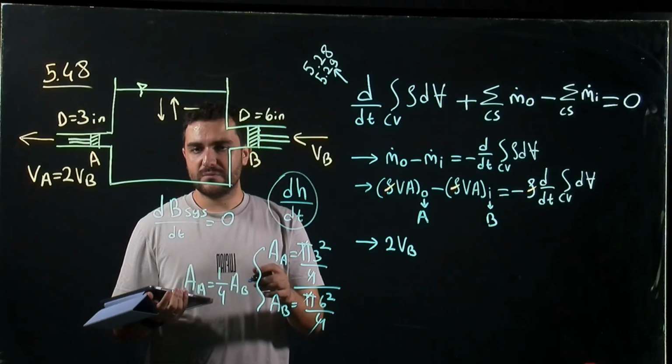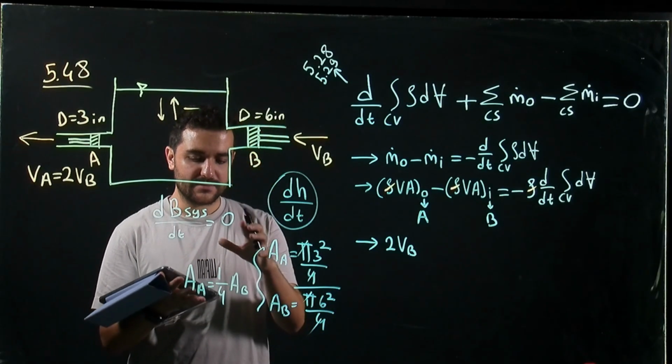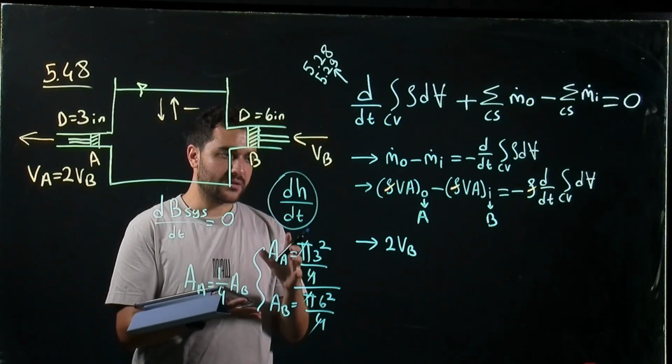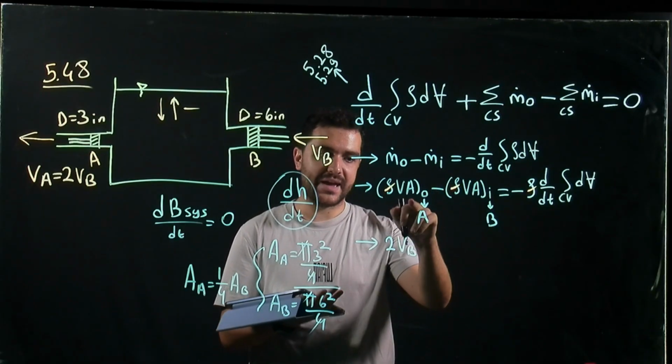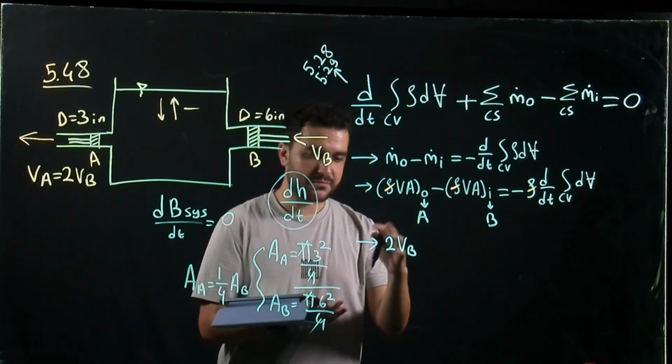So we wrote everything in terms of B. So our calculations will be easier because we just discarded A and we can get VB from this equation.